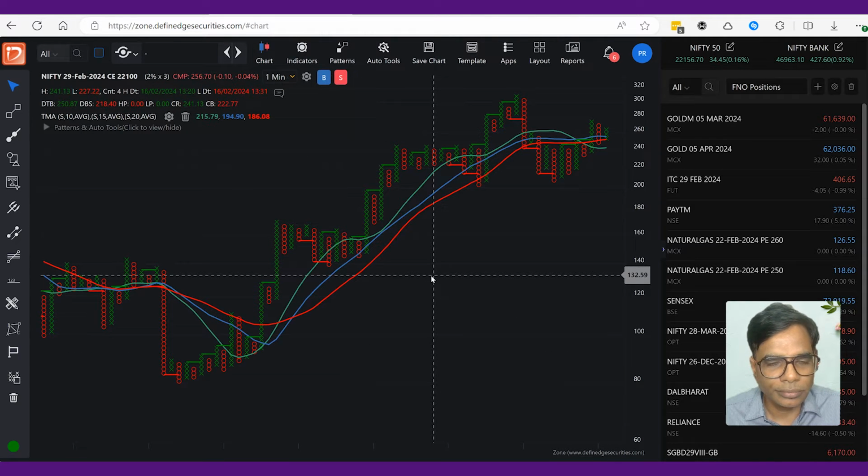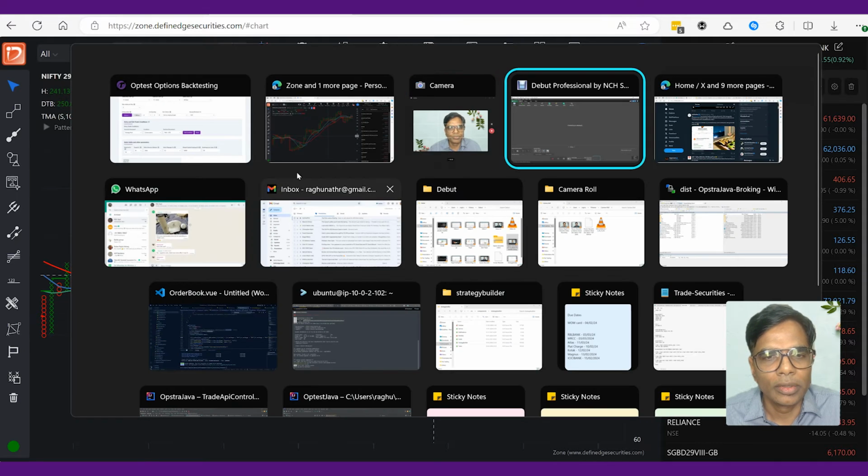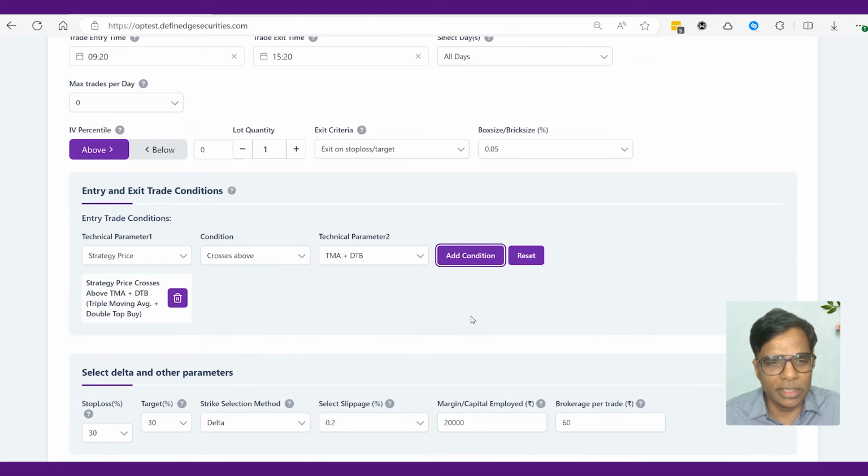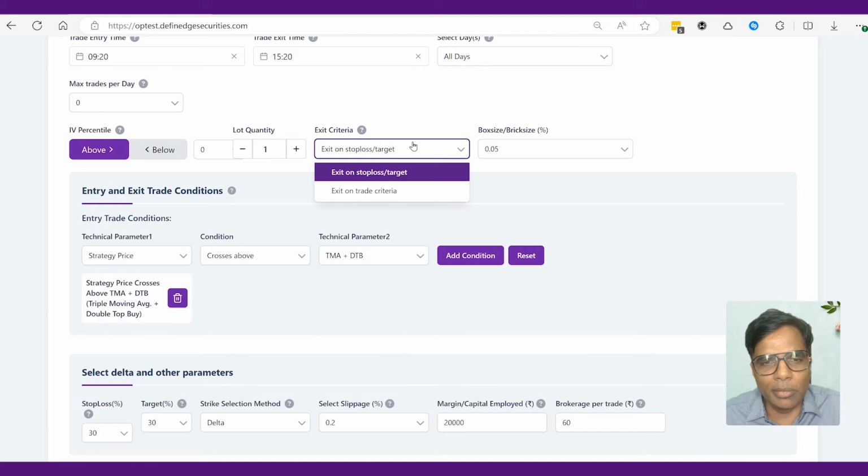Now we go back to this. Here our entry is when the strategy price crosses above the triple moving average and also gives a double top buy condition. Now what is the exit criteria? Here the exit criteria can be two.